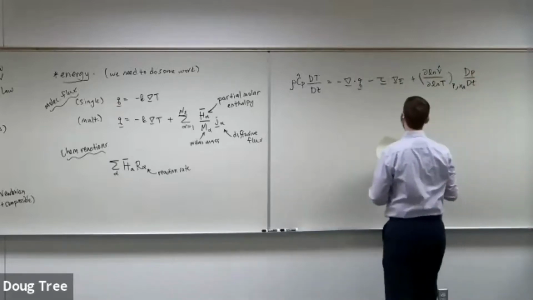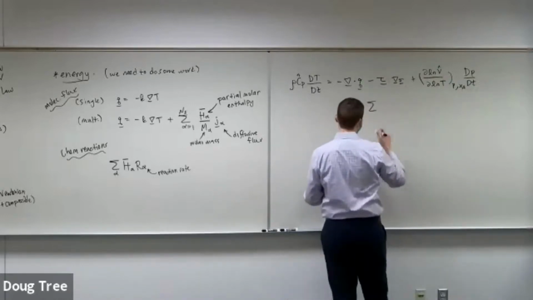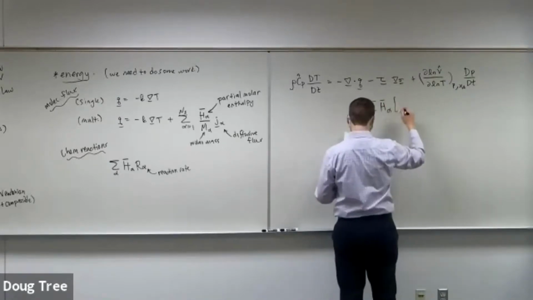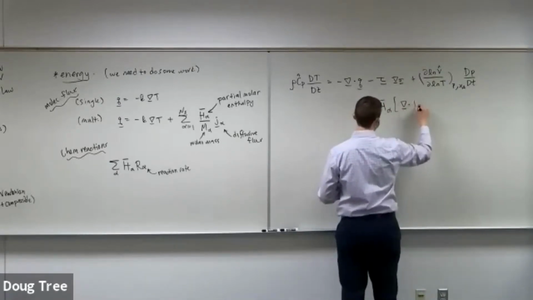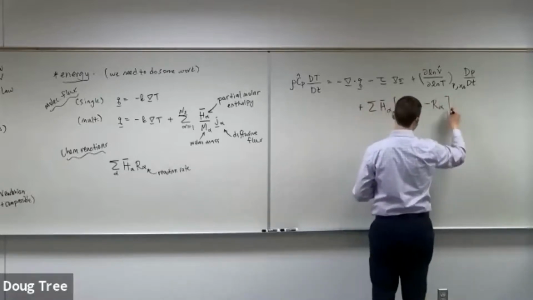And then on a second line, plus the sum over H alpha of the divergence of J alpha minus R alpha.